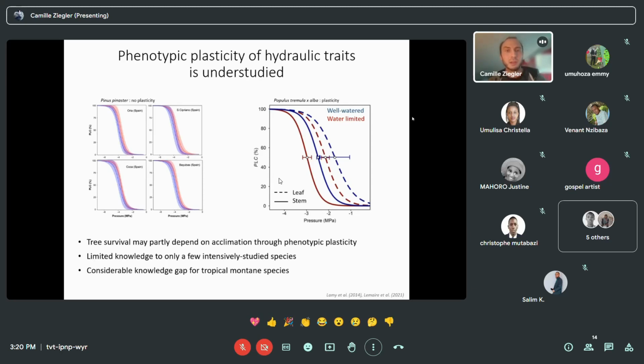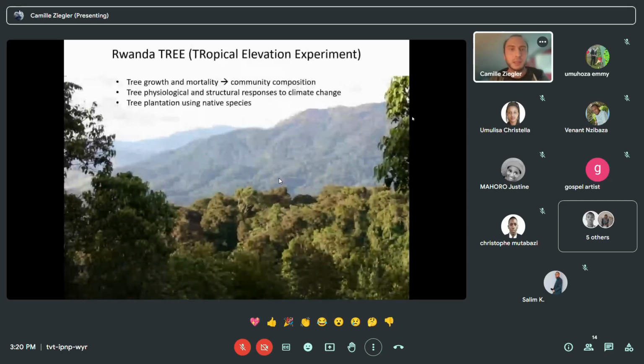So this is the topic of the study that we realized in Rwanda a couple of months ago. This was realized within the Rwanda Tree project. Maybe some of you are familiar with it, some of you maybe not. So I'm going to present the overall project so you have an overview. It aims at studying tree growth and mortality in relation to climate, and to analyze changes in community composition.